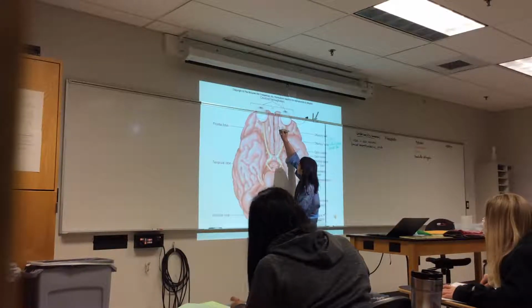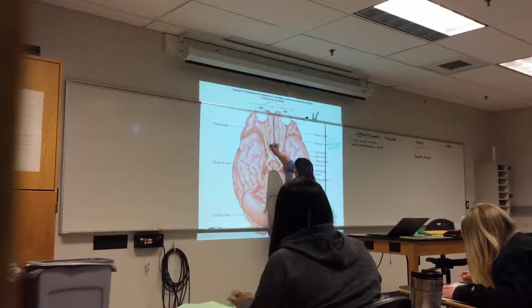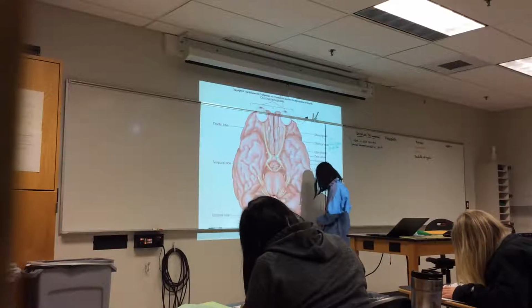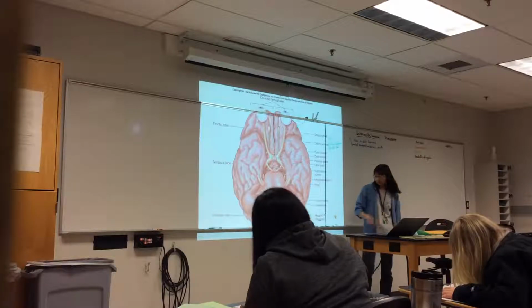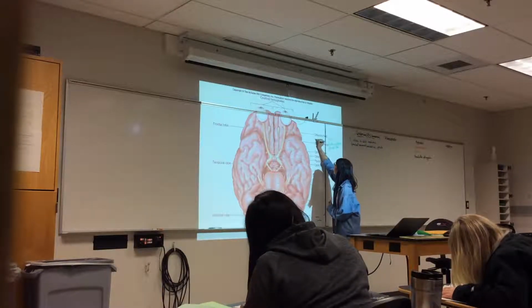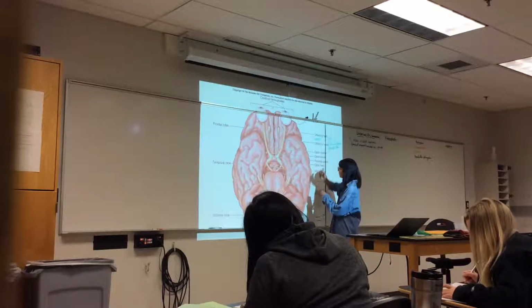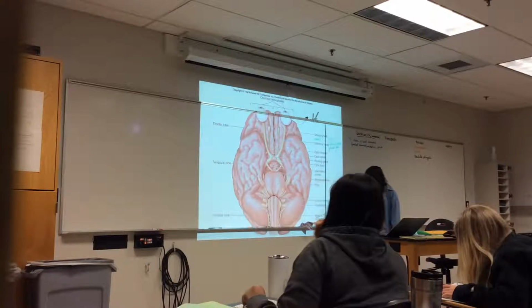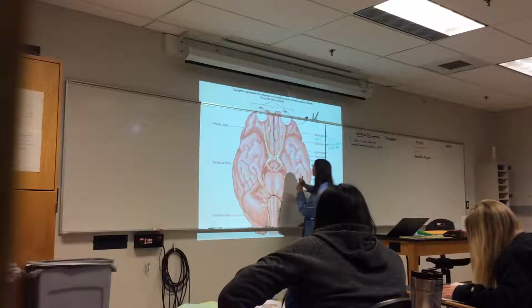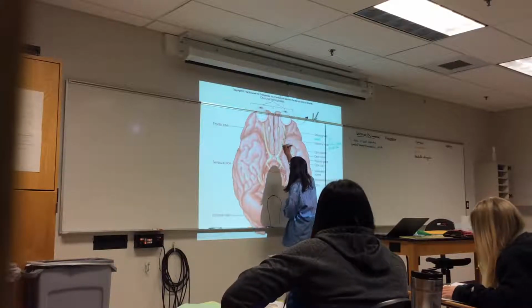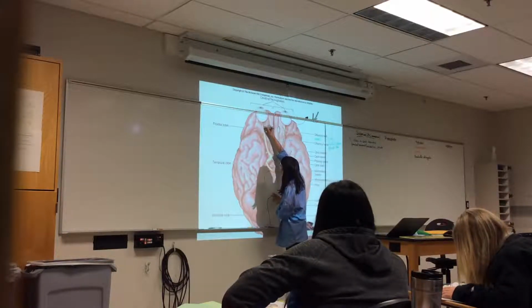That's this line, 1. Okay? And by the way, olfactory means smell. It means smell. Alright, cranial nerve 2 is here and here.